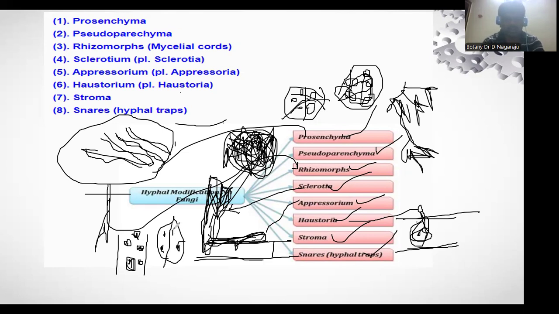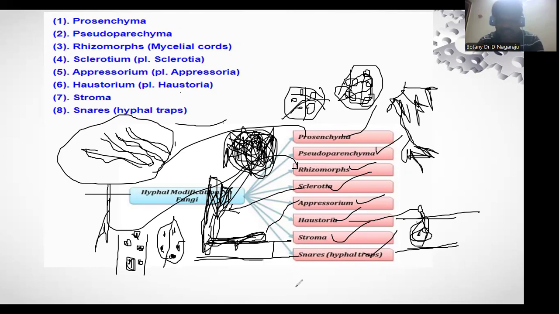Black spots, black swollen projections upon the stem or leaf. That we call stroma.